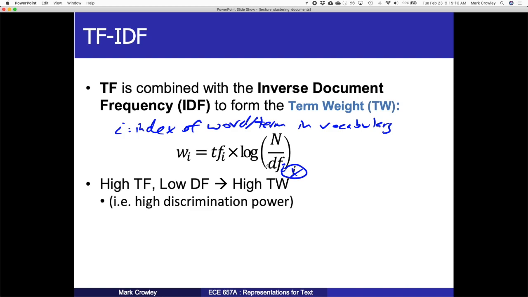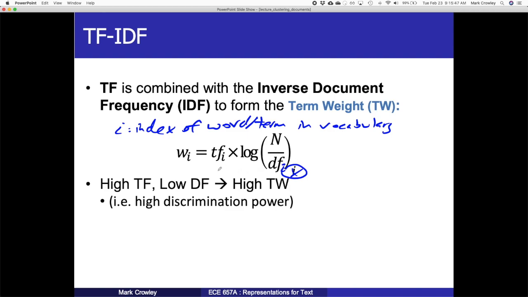So this score takes the inverse document frequency. It's not just the frequency of an individual word, but also how rare it is in all the documents.